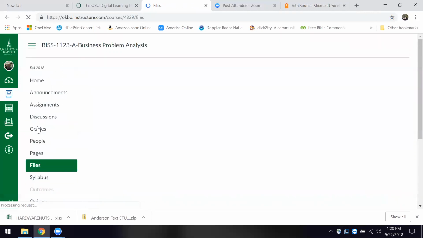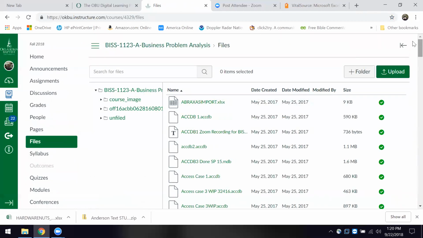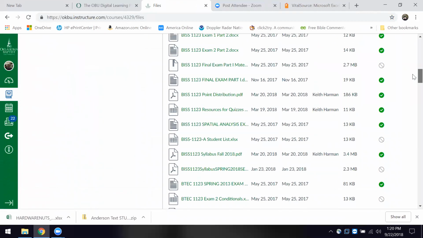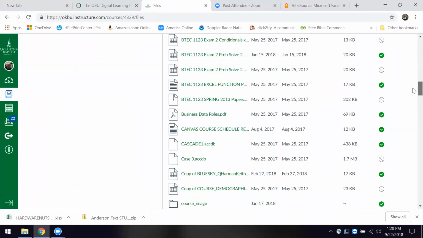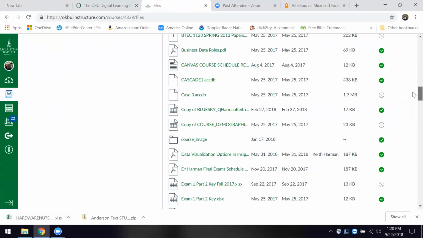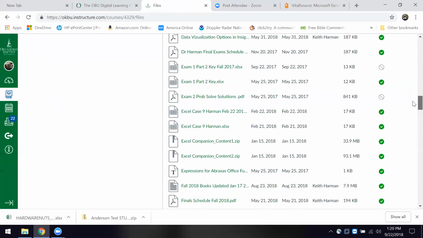So we go to the files, and we'll find the companion content file 2. Here it is, Excel companion content 2 zip file. So I'm going to download that file.